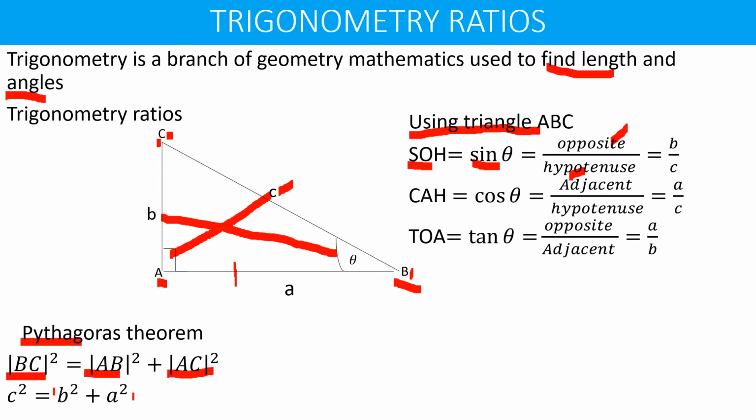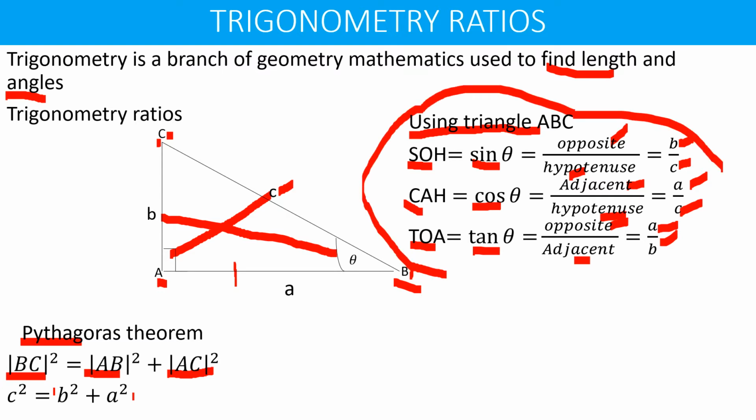Using this triangle, that is B over C. Then we have CAH, which is cos theta, and cos theta is adjacent over hypotenuse, which is A over C. Then we have TOA, which is tan theta, opposite over adjacent, which is A over B. So these three trig ratios, we should identify and use them to work.